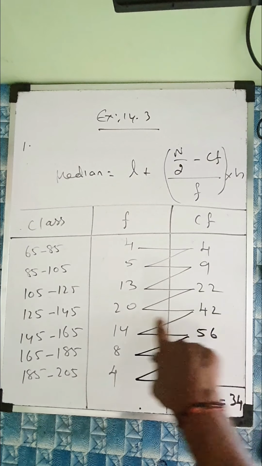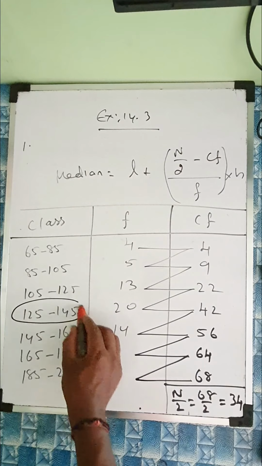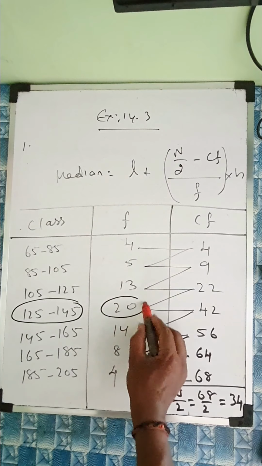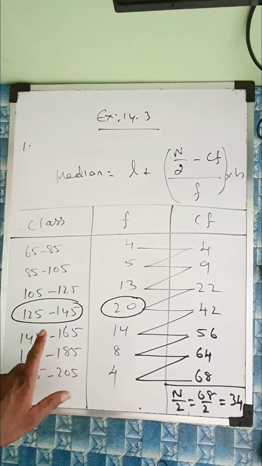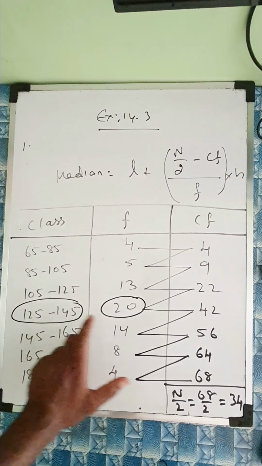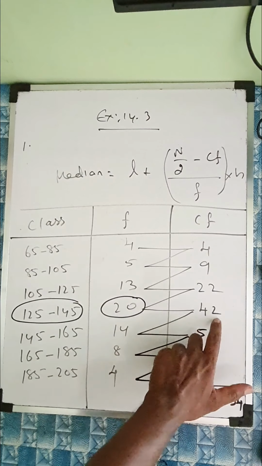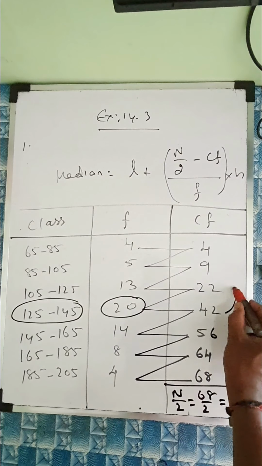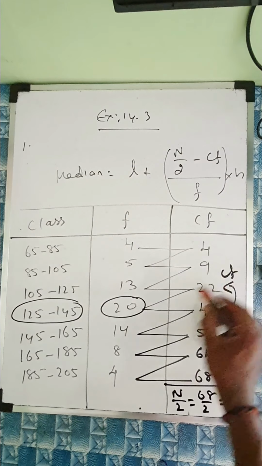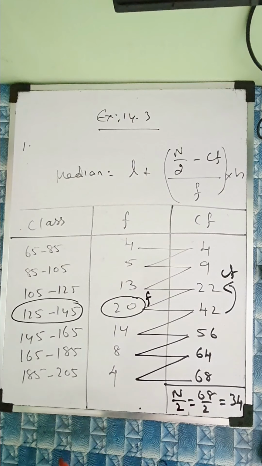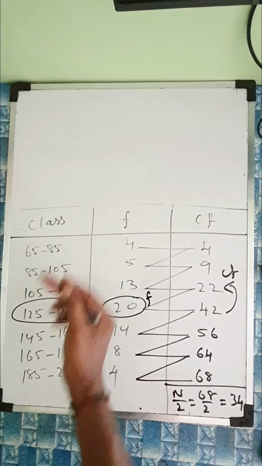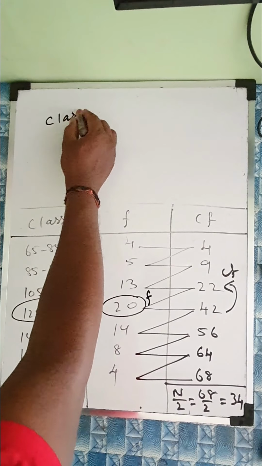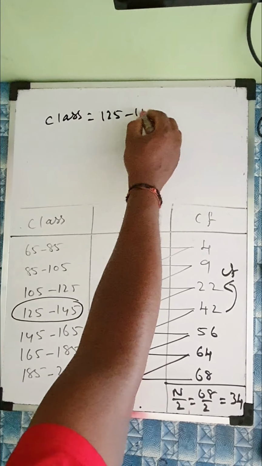So the class is which one? 125 to 145. Frequency is 20. You should know straight away: this is the class, this is the frequency, and the CF is the important one. CF means the one before 42, so this one is CF, and this is frequency. Understood? So we can write it on top again here. The class is 125 to 145.